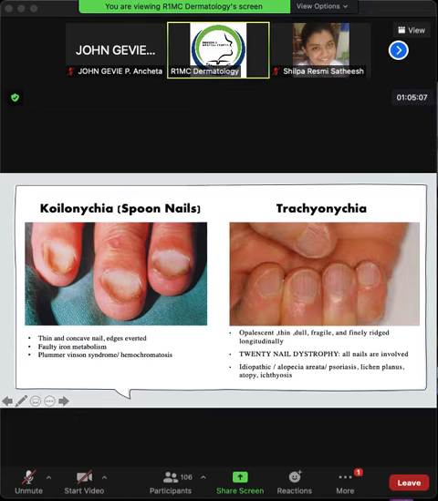As for your trachyonychia, the nails become opalescent, thin, dull, fragile, and finally reach longitudinal ridging. So again, as mentioned a while ago, in lichen planus of the nails, when it involves all 20 nails, it is referred to as your twenty nail dystrophy.